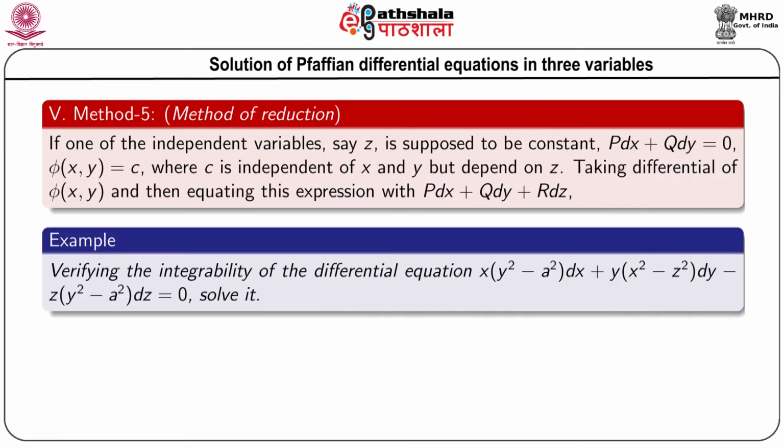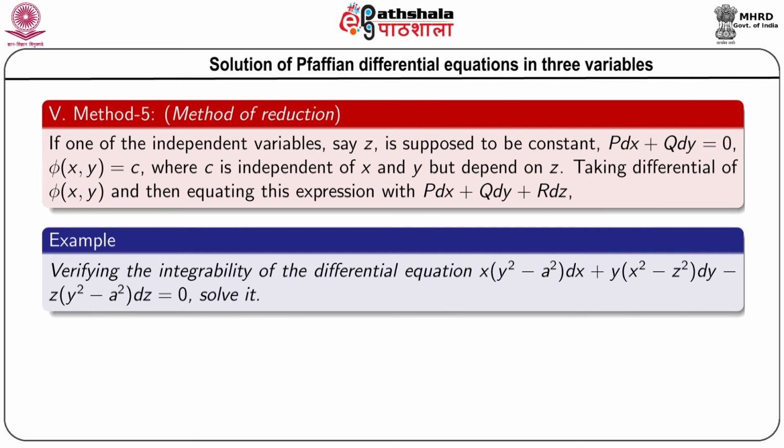And this is the fifth method, the method of reduction. In this method, we assume that one of the independent variables, say z, is constant. So, if z is constant, p dx plus q dy equals 0, and let it have the integral φ(x,y) equals c, where c is independent of x and y, but c may depend on z.